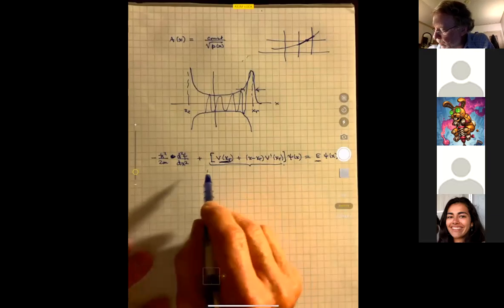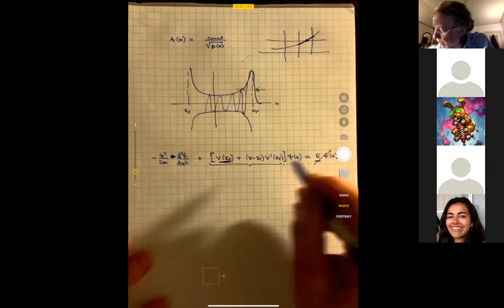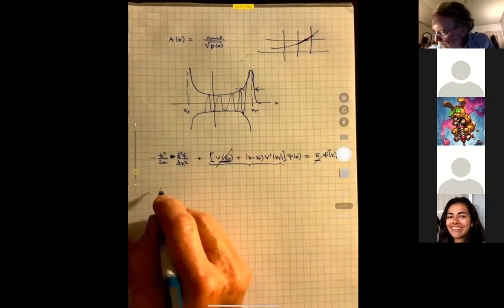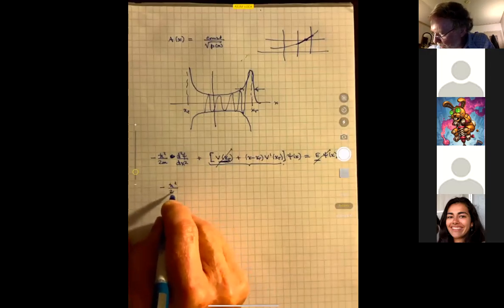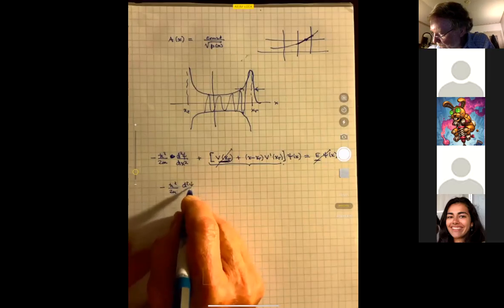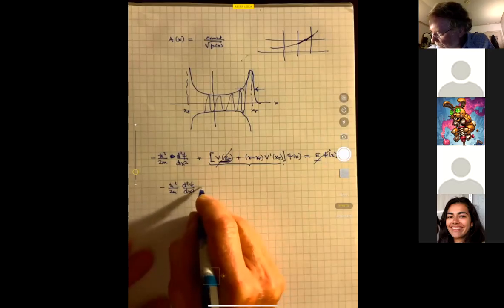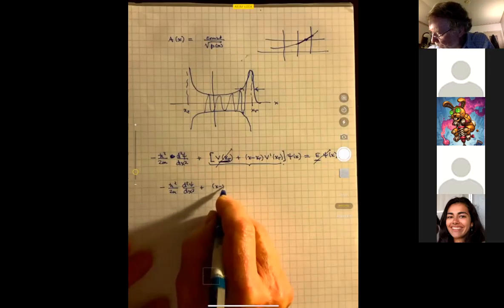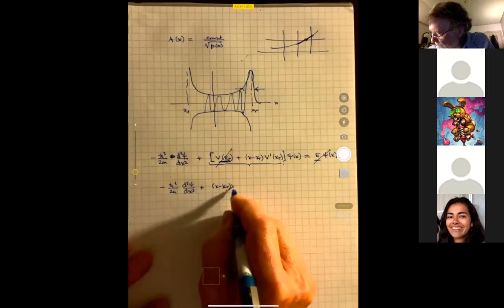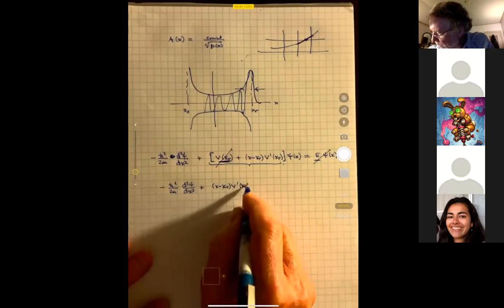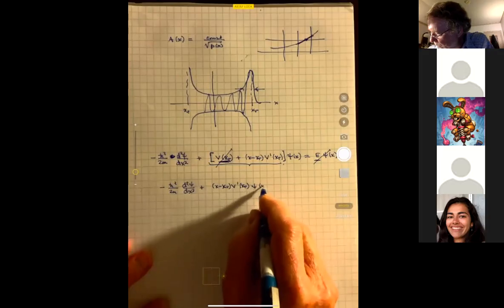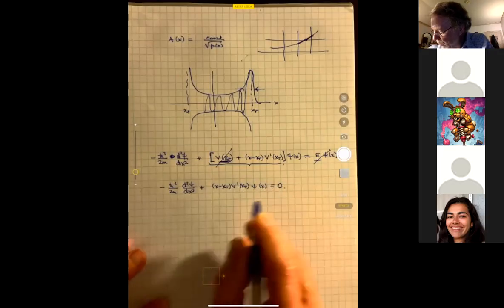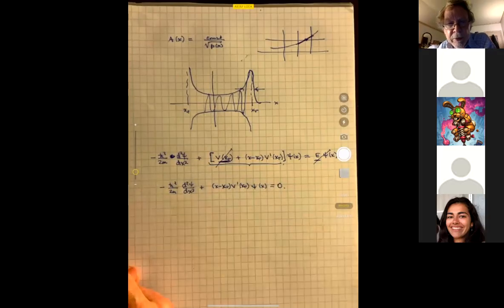That's the definition of a turning point. So that term actually cancels that term. And we end up with minus h bar squared over 2m d squared psi dx squared plus (x minus x_R) times V prime evaluated at x_R times psi of x is equal to 0. This is an approximate Schrodinger equation in the neighborhood of the turning point.